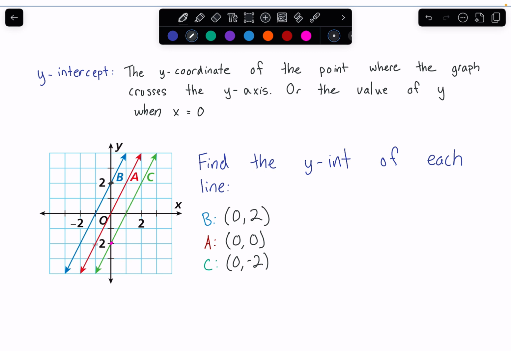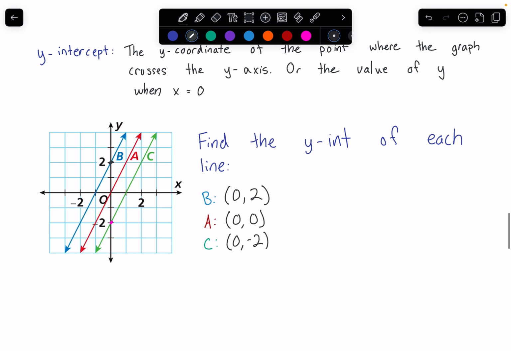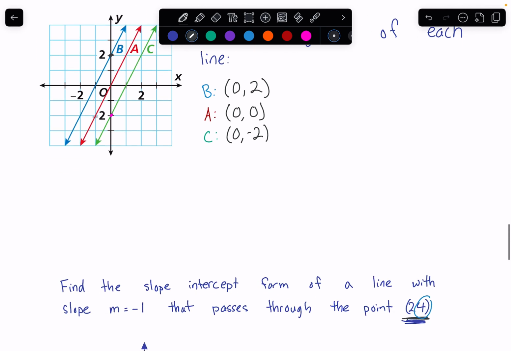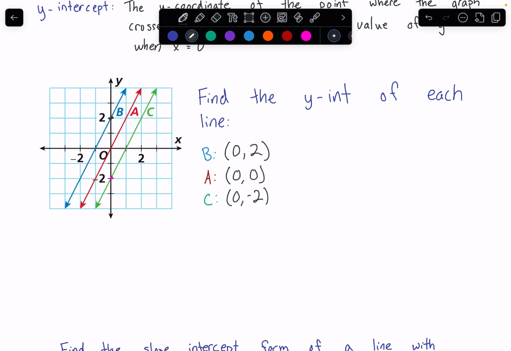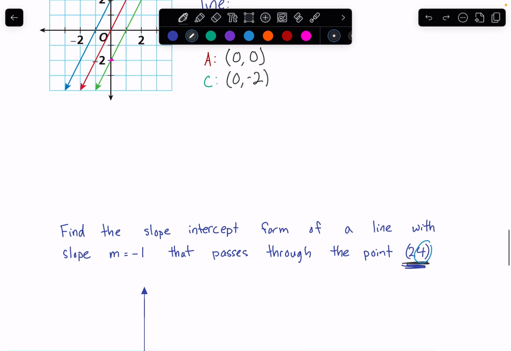Pretty straightforward. Now that we know what the y-intercept is, we actually can start thinking about how do we write equations that describe one of these lines, right? If I have line C here and I ask you to write me an equation that I would be able to use to represent or stand in for that line, how do you do it? Well, it's actually not that hard.